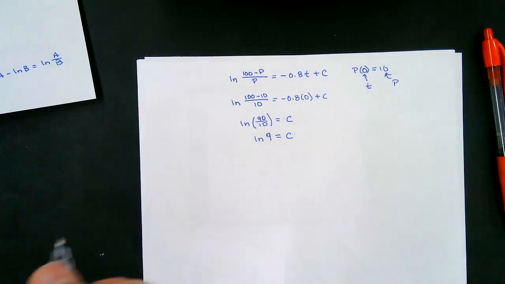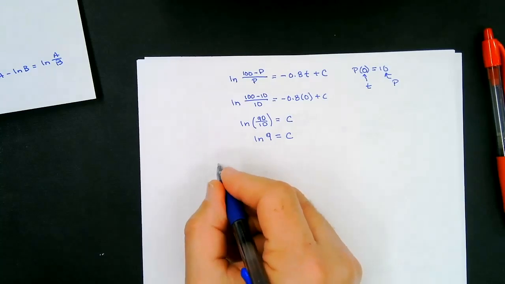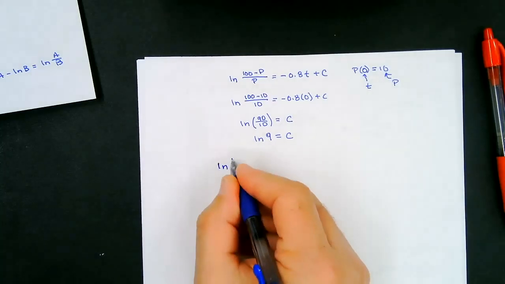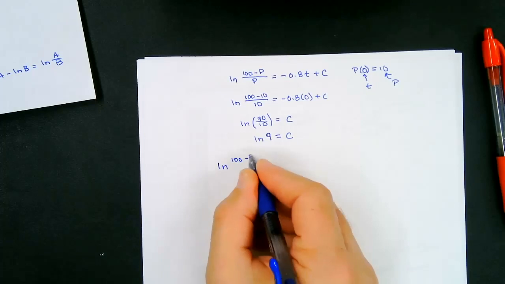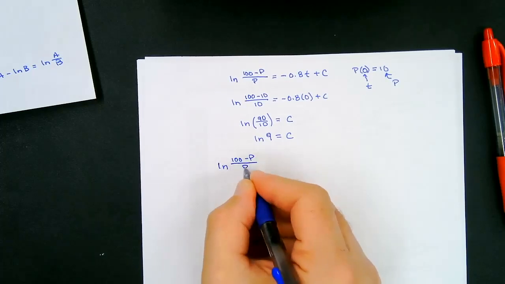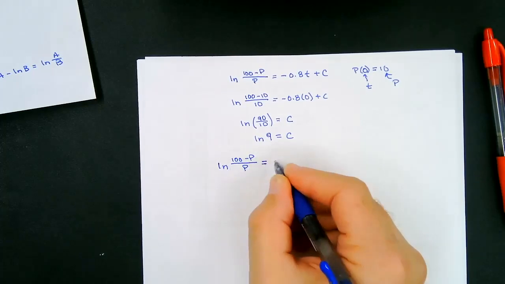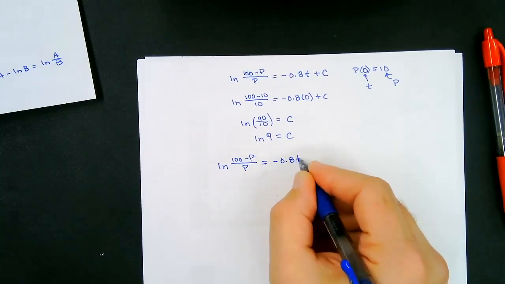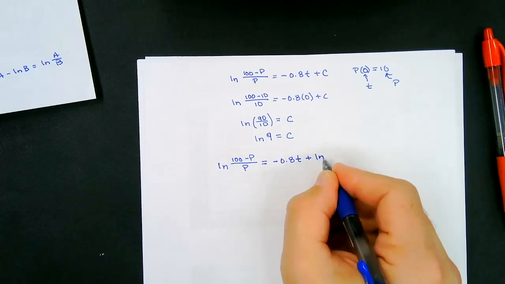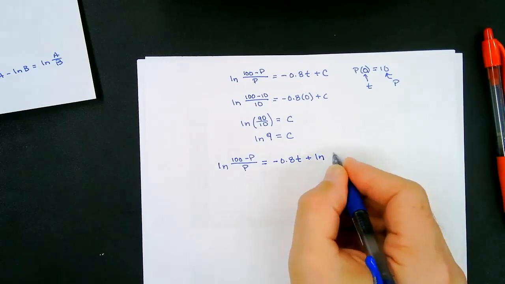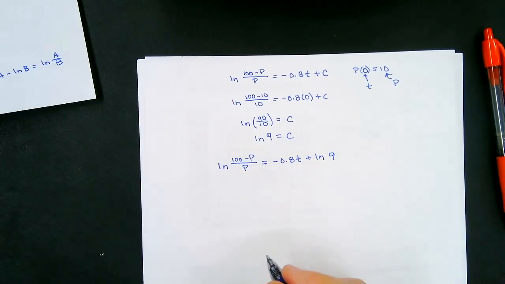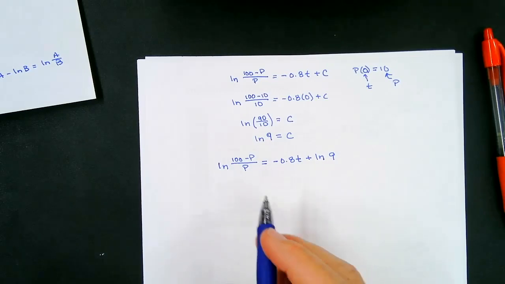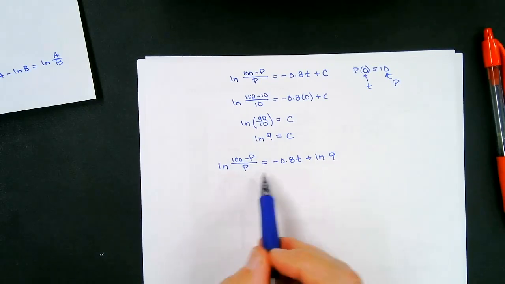All right, so now I can go back and write this. This is the natural log of (100 minus P) over P is equal to negative 0.8 times T plus the natural log of 9. And the next thing I want to do is exponentiate both sides.